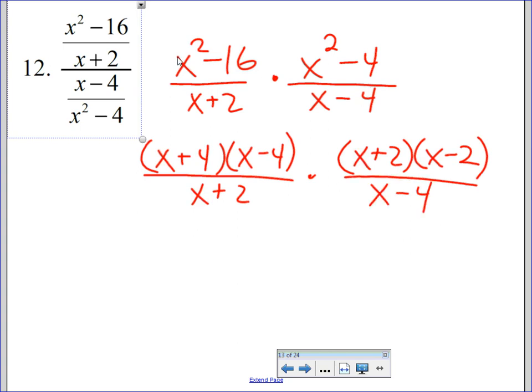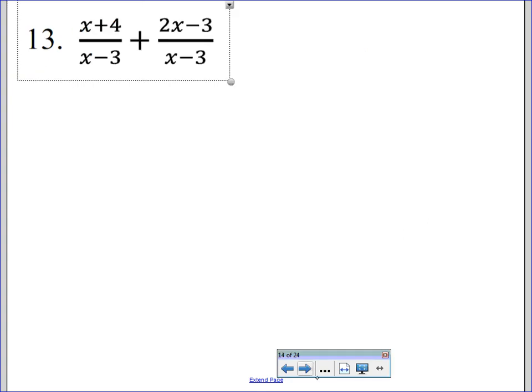And what we will see is the x minus 4's will cancel and the x plus 2's will cancel, and I'll end up with x plus 4 times x minus 2. And you could FOIL that out, but it's not necessary. You can leave it in factored form.